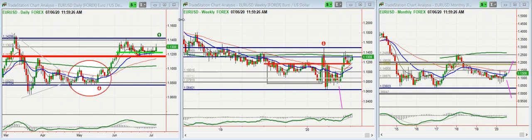And if this happens, then we actually make a new high beyond this spike, and this renders this weekly busted pattern obsolete, and I have to rethink my long-term projections for the euro dollar, because then this is a busted pattern of failure, and this is a very strong signal in the other direction, meaning long.